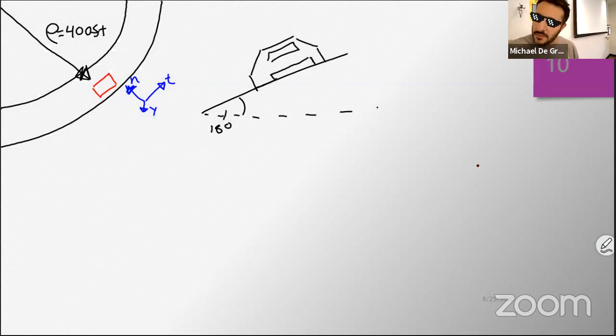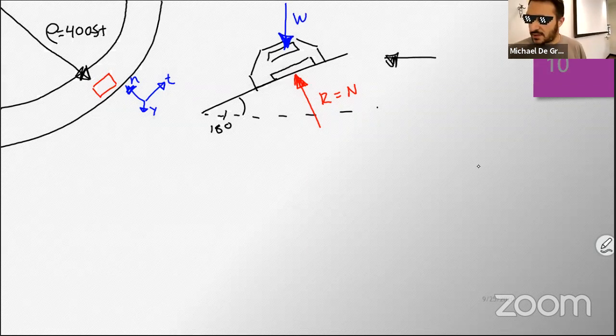My car, I've got my normal force here. They call it R in the picture, but this is just my normal force, right? And we know that that's at 90 degrees. So there's that, and we've got our weight here. Our weight is going to be like that. And our coordinate system that they gave us was, here's normal and here's y.